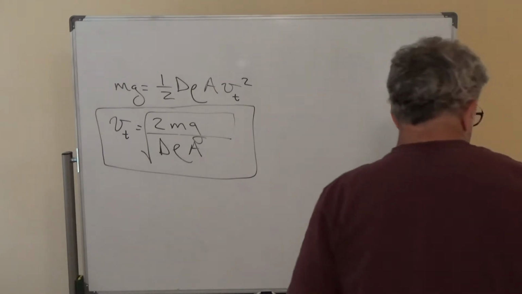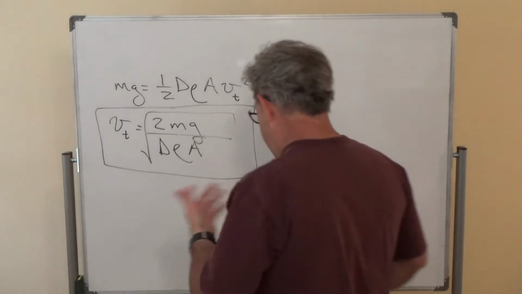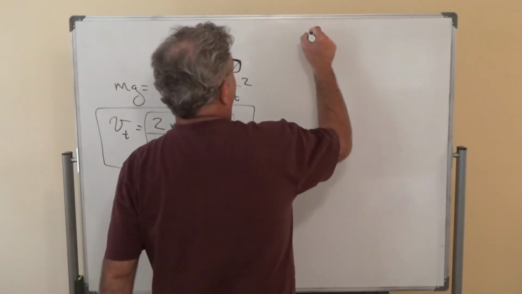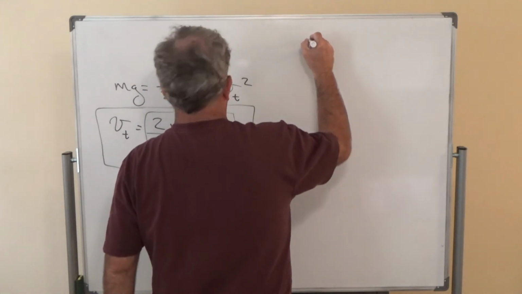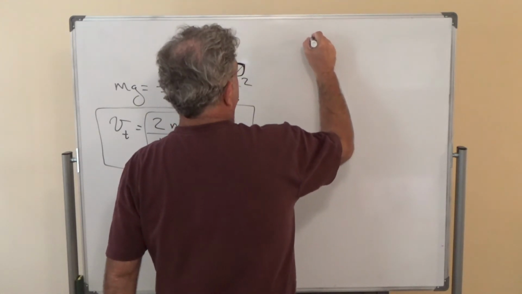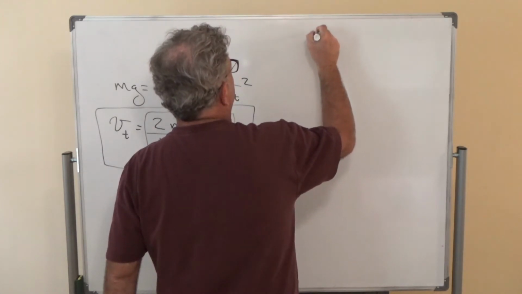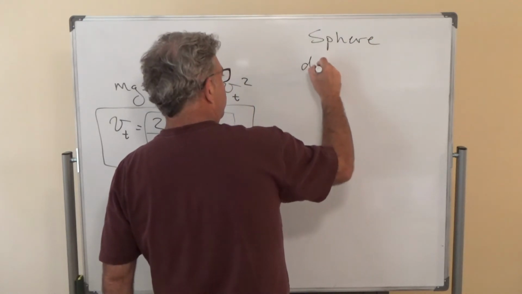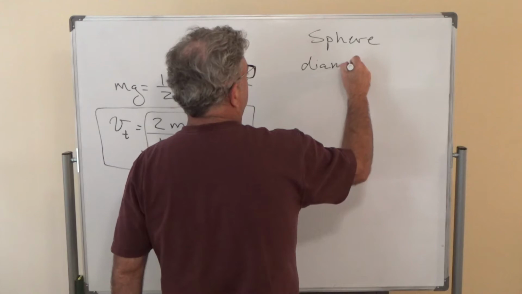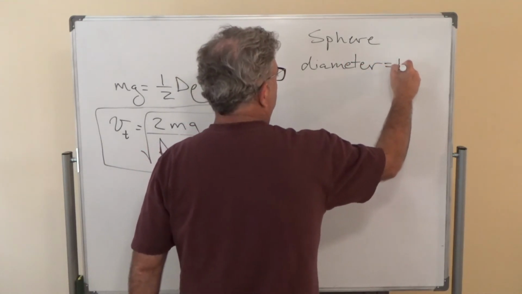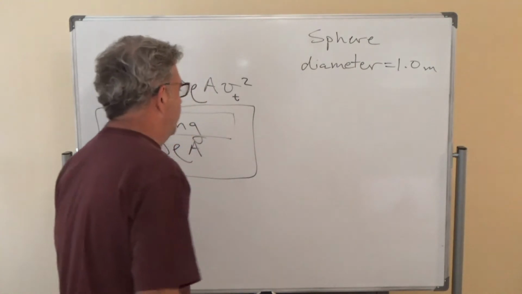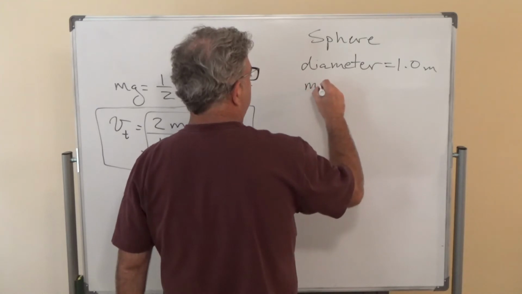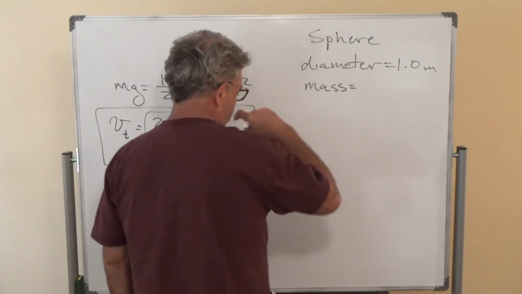All right. So let's say we have a sphere that is falling and it has a diameter of 1 meter. I'm going to make this calculation simple. Mass, let's make it pretty heavy.